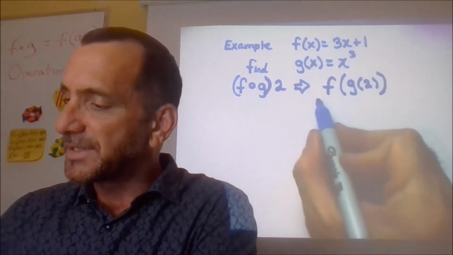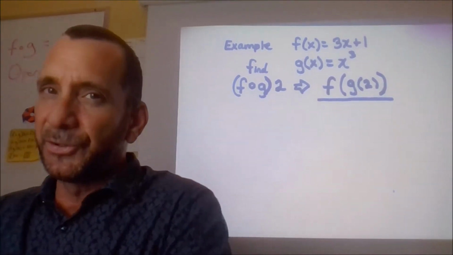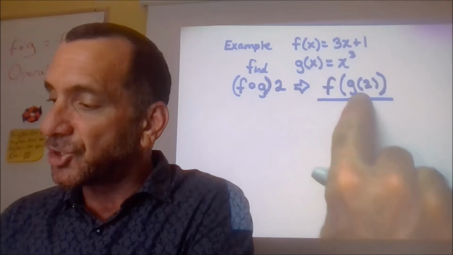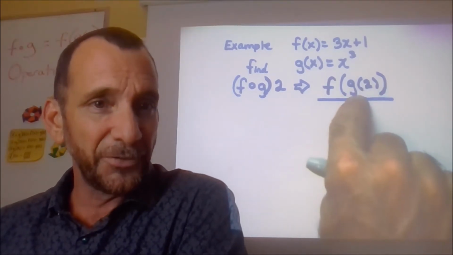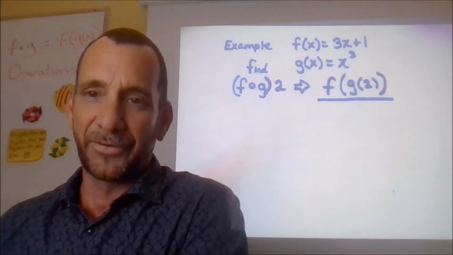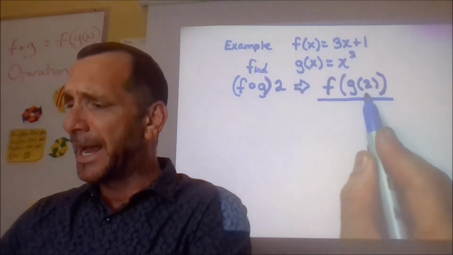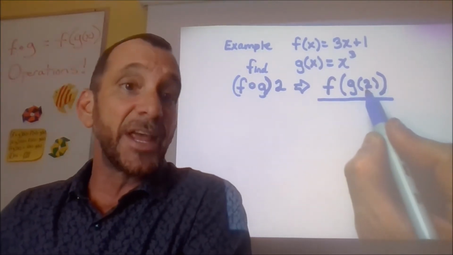And that might help us see it better. We're going to find f of g of 2. We're going to find g of 2 first, use the result from g of 2, and then find f of whatever that result was. Now, g of 2 means we want to plug g of x is 2.